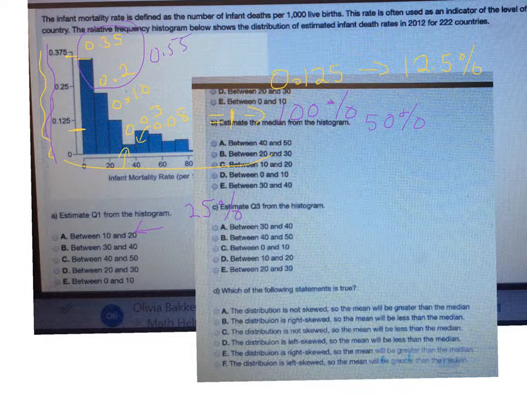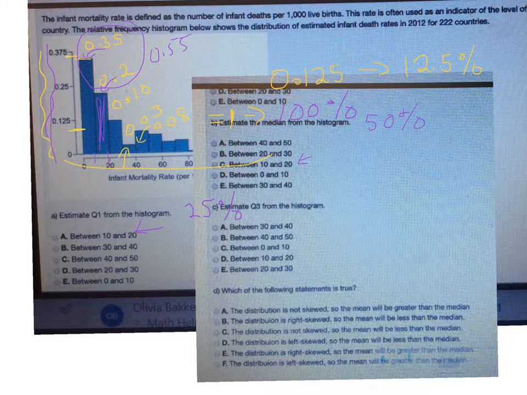At the end of the first bar, we're only at 35%, so we haven't gotten to half of the data yet, but definitely by the end of this second interval we have. So it has to occur somewhere in that second interval, somewhere on this bar. And so that interval is between 10 and 20, and so that's why we're going to choose 10 and 20 here.